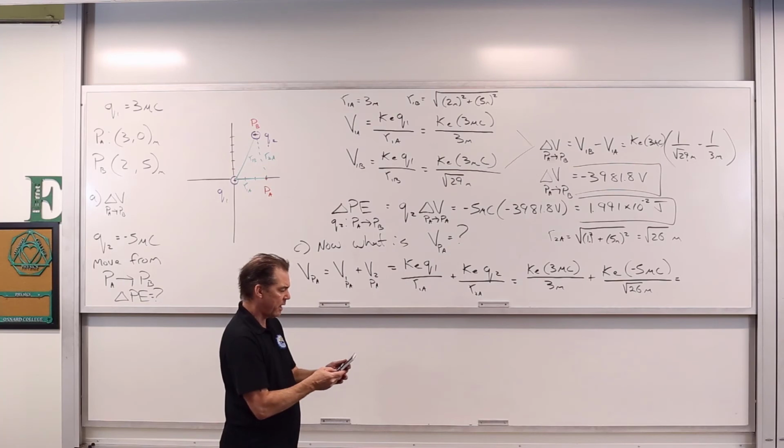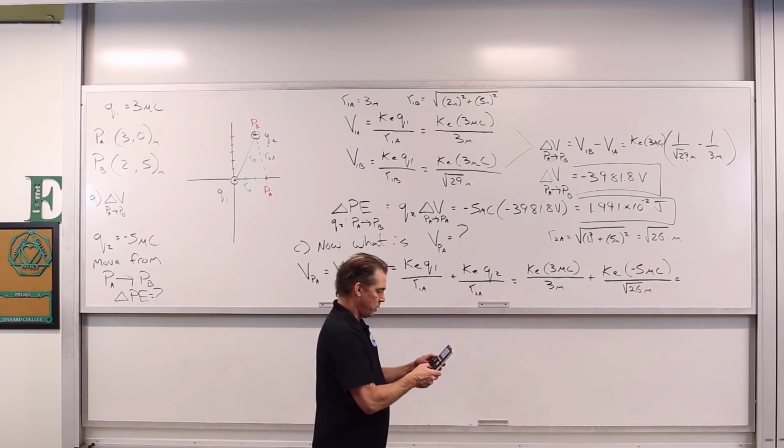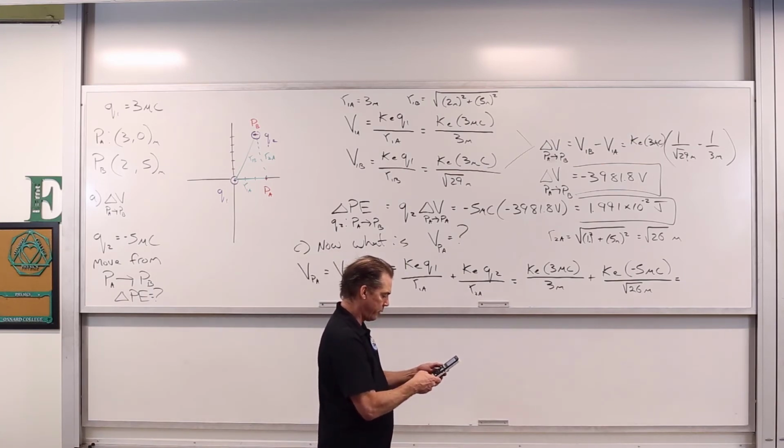Go ahead and compute this out, and we've got ourselves 8.99 times 10 to the ninth multiplied by the quantity 3e to the negative 6 divided by 3 minus 5e to the negative 6 divided by square root of 26.